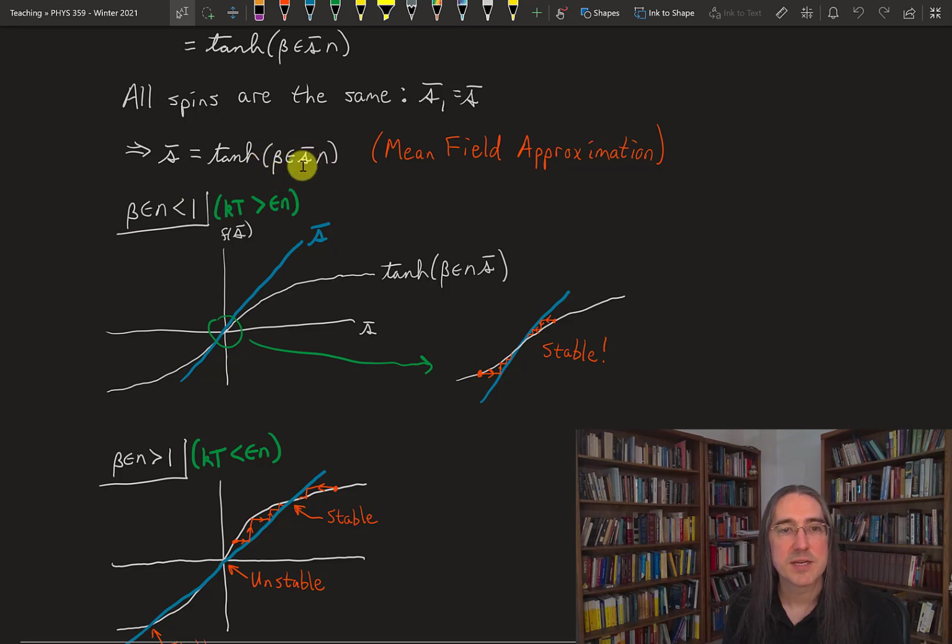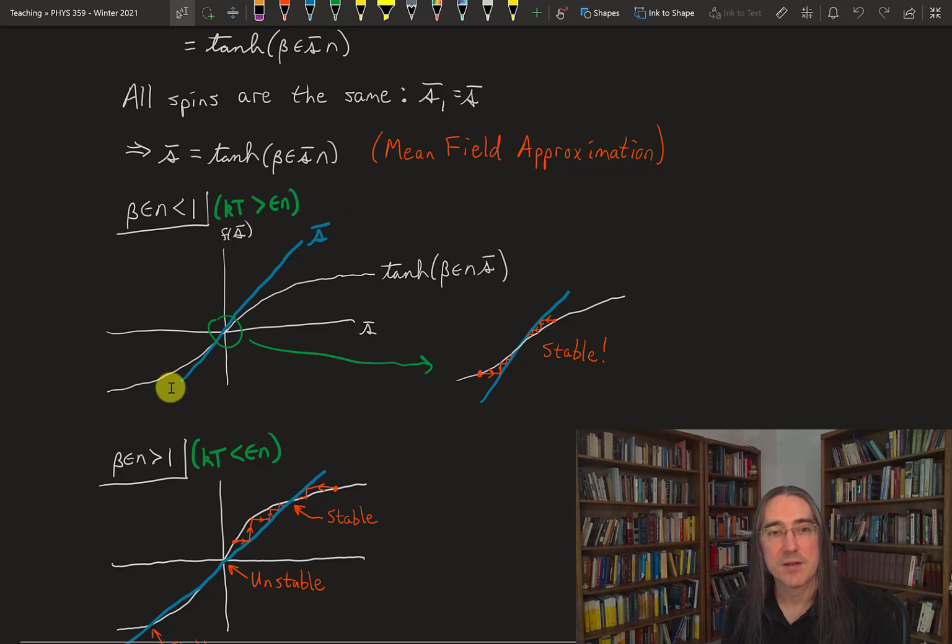That means the slope inside of this tanh is less than 1 as a function of S bar. So if we plot our functions versus S bar, the tanh has a slope less than 1 at the origin, while S bar has a slope of 1 everywhere. It's just f of S bar equals S bar.